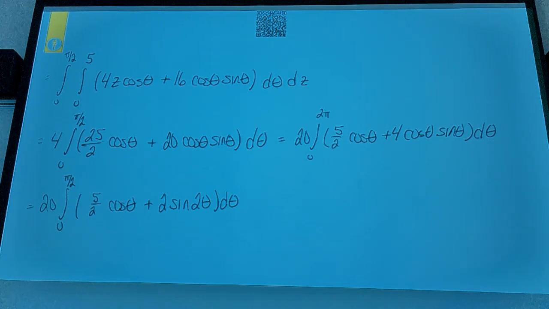And then you sub on just 2 theta instead of an entire trig function. That's the path I'm going to take. What's the antiderivative of cosine? Sine. Antiderivative of sine of 2 theta is a negative cosine of 2 theta.